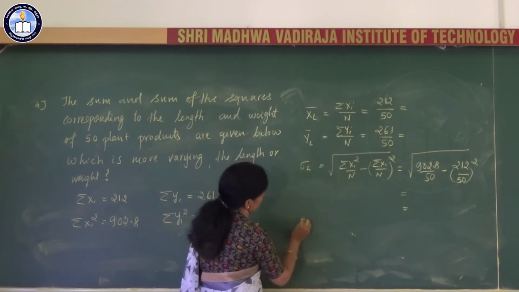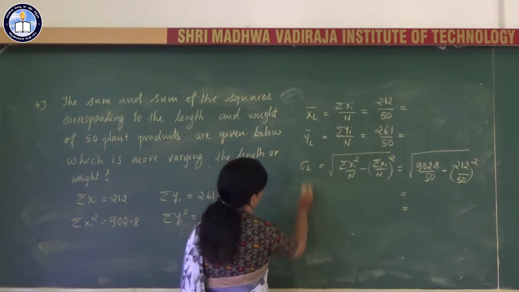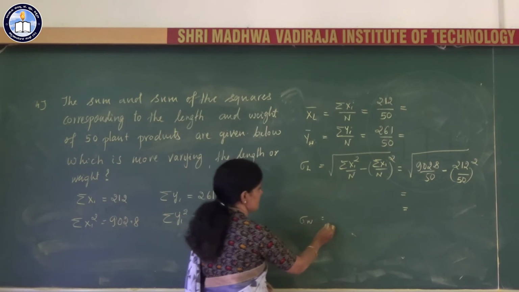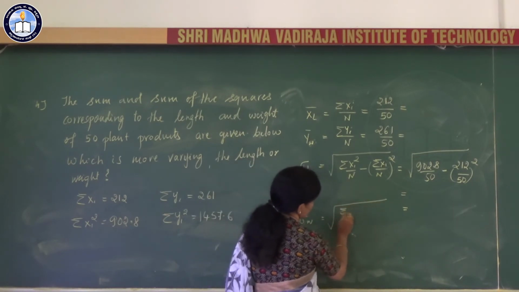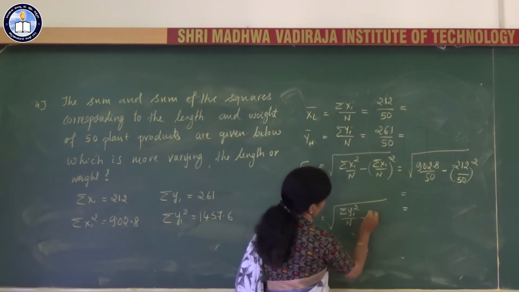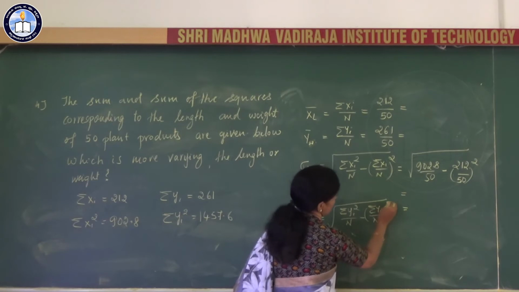And this is weight. So standard deviation of weight is nothing but root of sigma yi square divided by n minus sigma yi divided by n whole square.